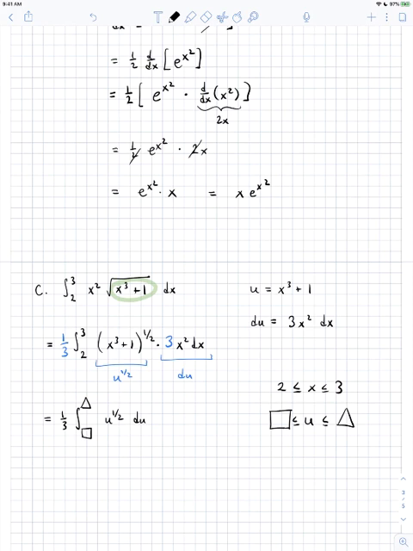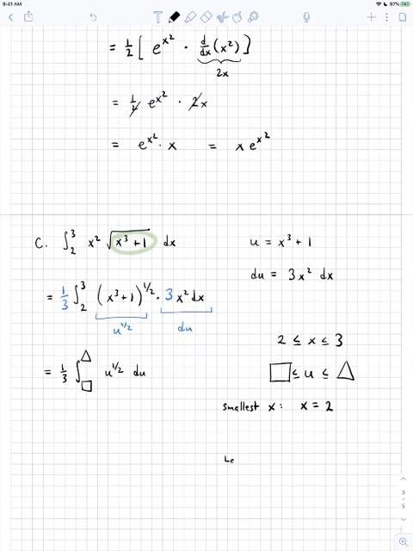I know what the x values are. The smallest x is x equals 2. And the largest x is x equals 3. Well, how can I figure out what u is based on this information? Well, fortunately, I have this formula right here that tells me what u is in terms of x. So if x is equal to 2, then u is equal to 2 cubed plus 1, which is 8 plus 1 is 9.